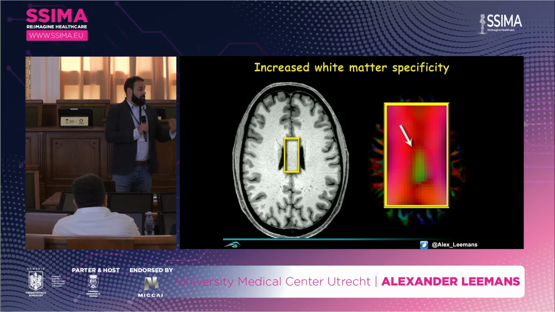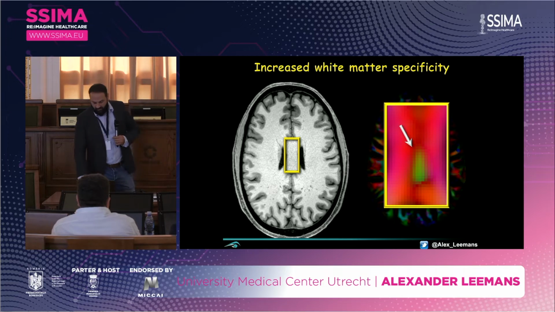So people who don't have a corpus callosum, they have other pathways. So their corpus callosum basically reshapes into another structure. And this is something you couldn't investigate or study with conventional T1 weighted MRI, but you can with diffusion MRI. So increase in specificity about the orientation of the white matter pathways.